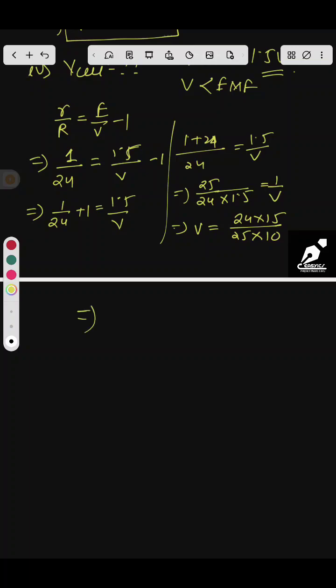So it is V is equal to 24 into 15 divided by 25 upon 10.